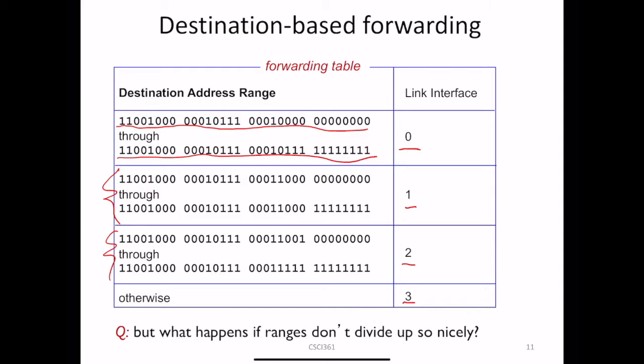So due to historical problems, we cannot divide the ranges on the forwarding table very nicely. If that's the case, what happens if the ranges don't divide up so nicely? What should we do? How can we handle these exceptions?